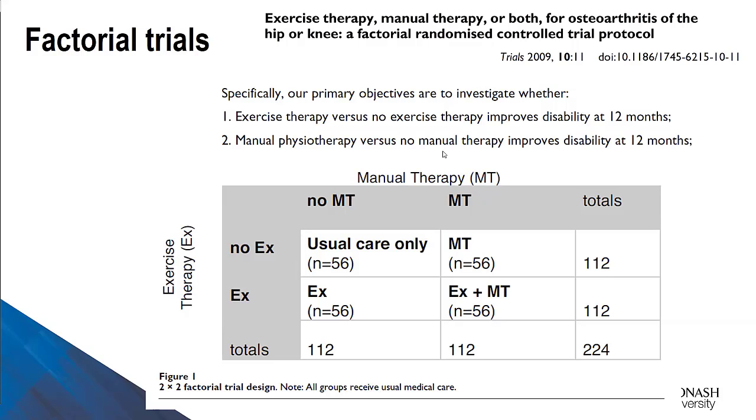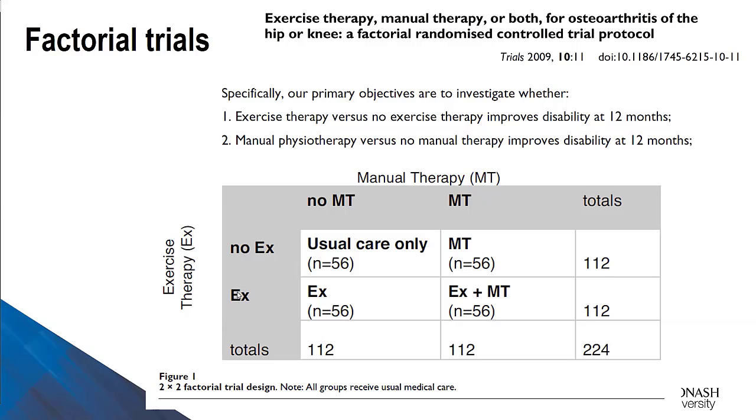And what it allows us to do essentially is to look at two comparisons simultaneously. So we really are running two trials for the price of one. Here they were specifically interested in looking at exercise therapy versus no exercise therapy.